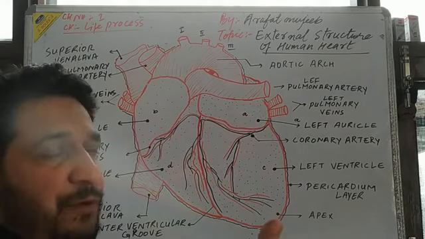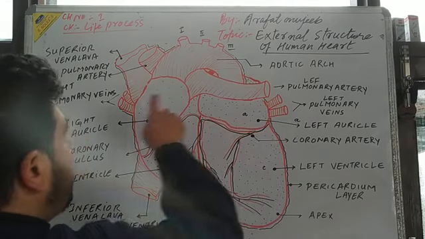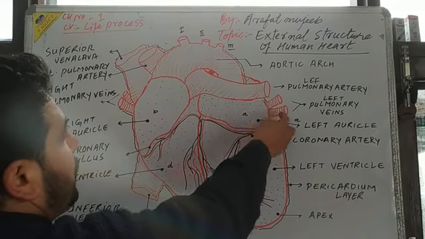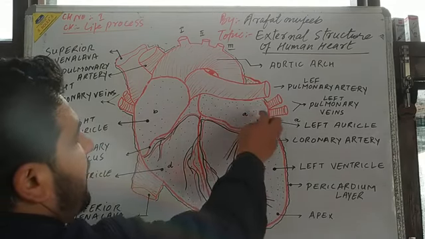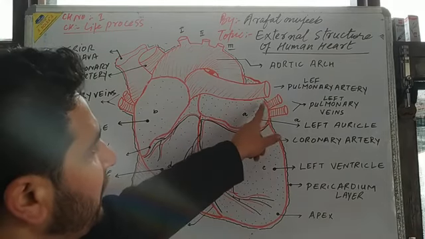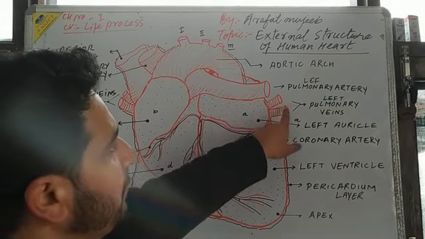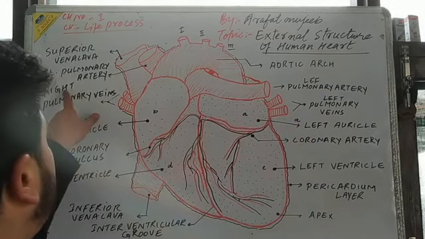If we dissect the human heart, then the openings of both these pairs are in this left auricle. Then they flow inside the left auricle, the left pulmonary veins and right pulmonary veins.